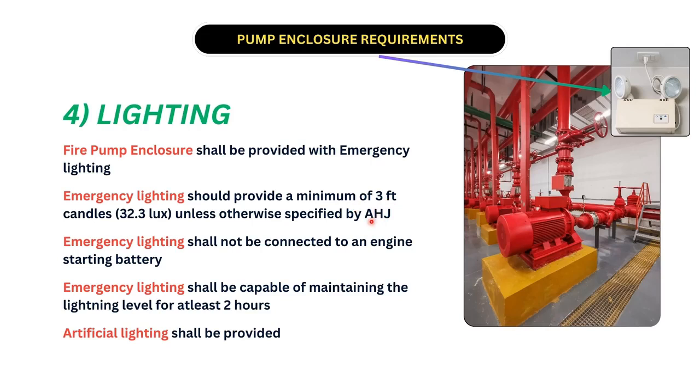Emergency lighting shall not be connected to the engine starting batteries. Emergency lighting shall be capable of maintaining the lighting level for at least 2 hours. So basically, we have covered the most important requirements such as heat, ventilation, drainage and lighting for the pump enclosure.